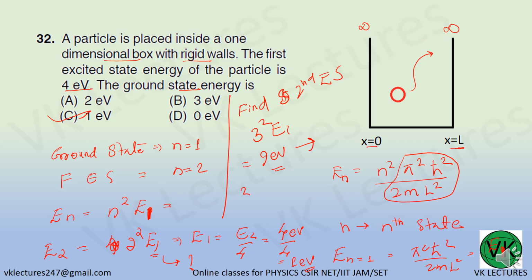Similarly, third excited state would be 4 square, that is 16 electron volt. So it goes on. So here your answer is option C, 1 electron volt. That is the ground state energy. Please remember this formula, En of the one-dimensional square well potential.